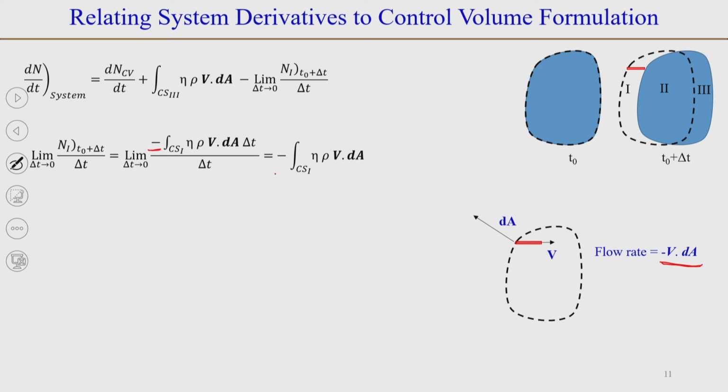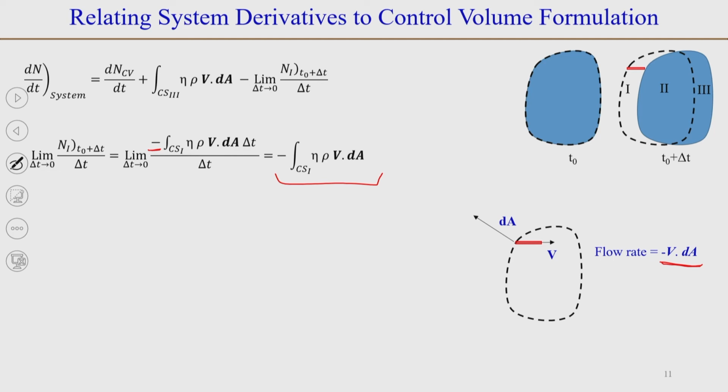So, we will get the limit as delta t tends to 0 of N1 at time t naught plus delta t, that is, the intensive property in region 1 at time t naught plus delta t, which is what has come inside the system in time delta t.